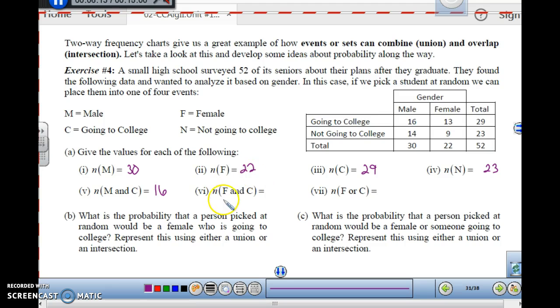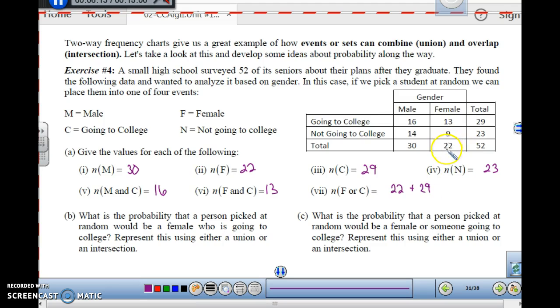The number of females going to college. So female and college would be 13. Now here's where it gets a little tricky. The number of females or the number going to college. The number of females would be 22, and the number going to college was 29.